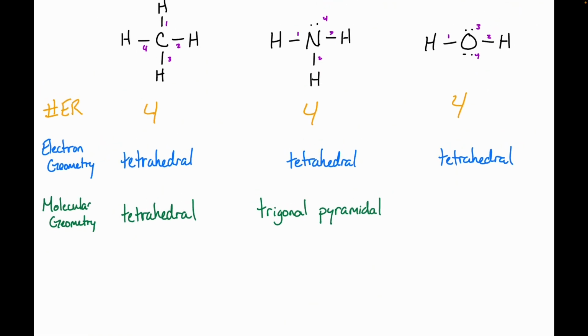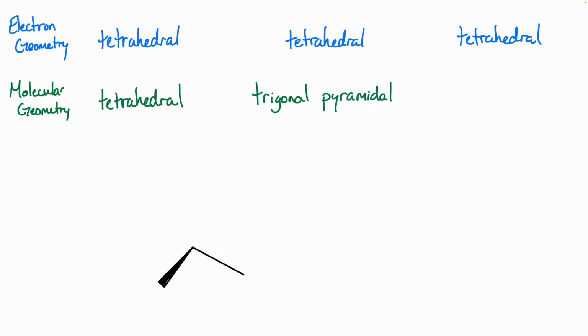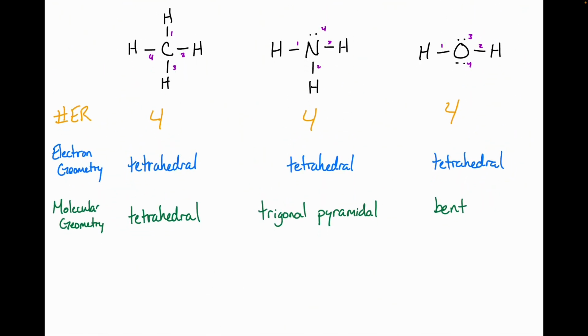And if we erase two of those bonds to replace them with lone pairs, we're back to just that bent geometry that we saw earlier. Okay, so the electron geometry for all four of these is going to be that tetrahedral geometry.